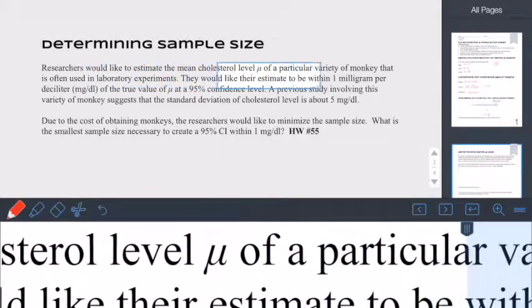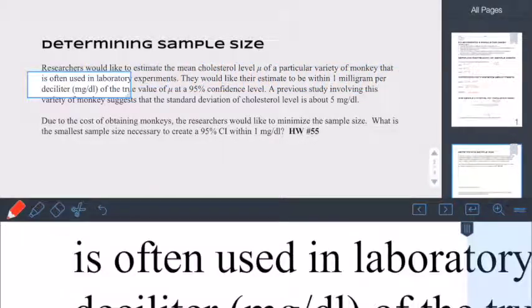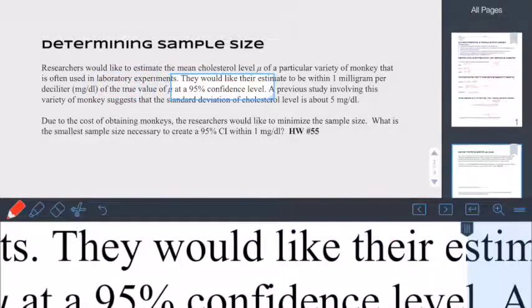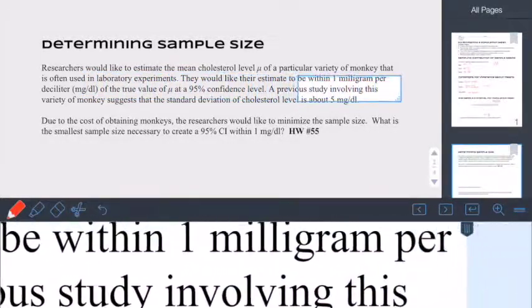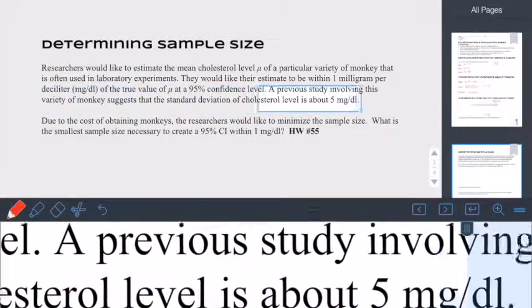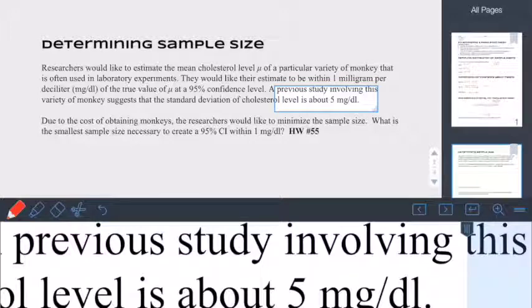They would like their estimate to be within 1 milligram per deciliter of the true value mu at a 95% confidence level. A previous study involving this variety of monkey suggests that the standard deviation of cholesterol level is about 5 milligrams per deciliter. Okay, so this is a population standard deviation that we don't typically have.